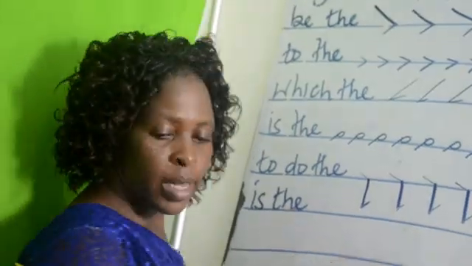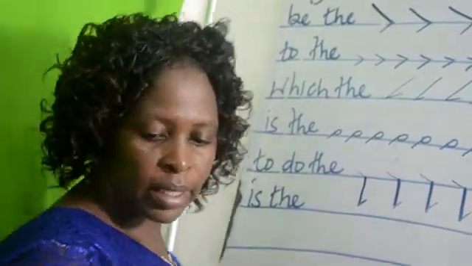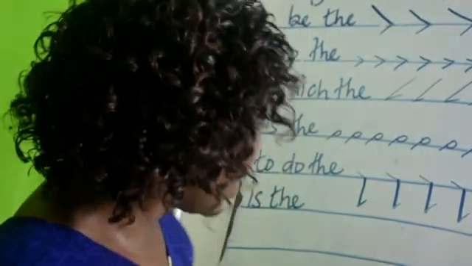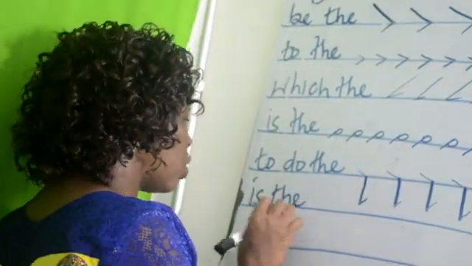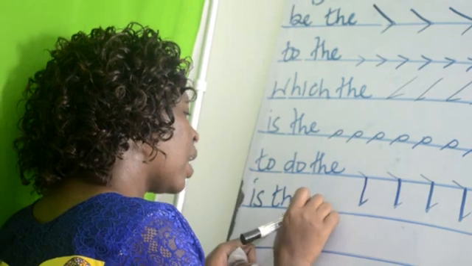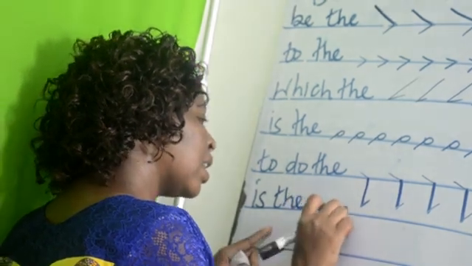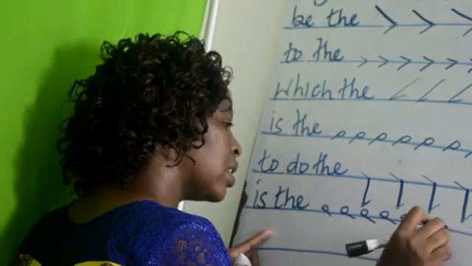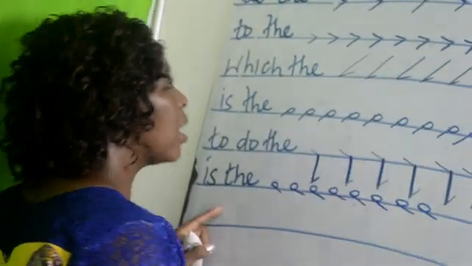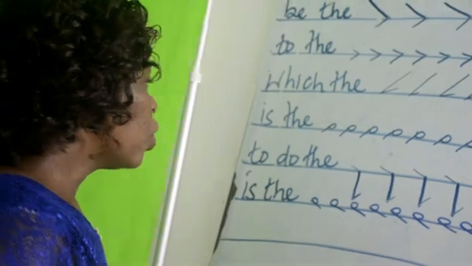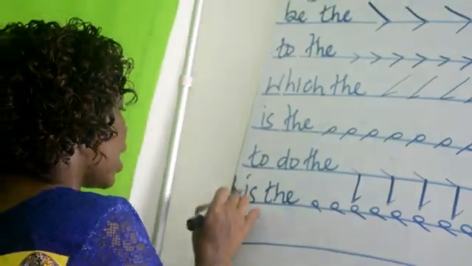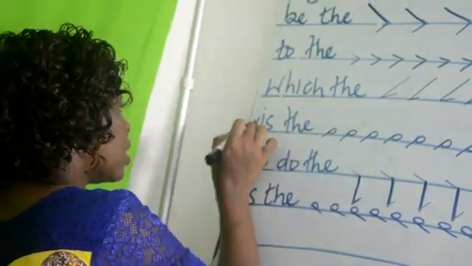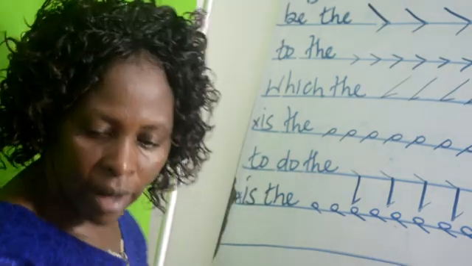Then we have another short form is combined with the tikida, is the. So you are supposed to differentiate the two forms of is the.